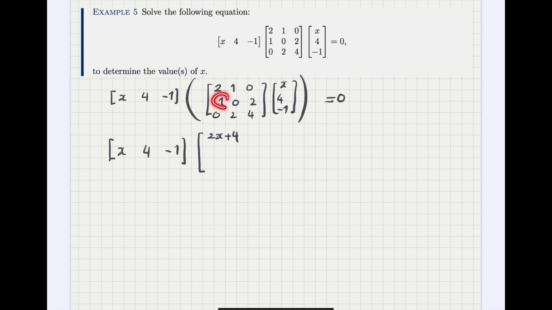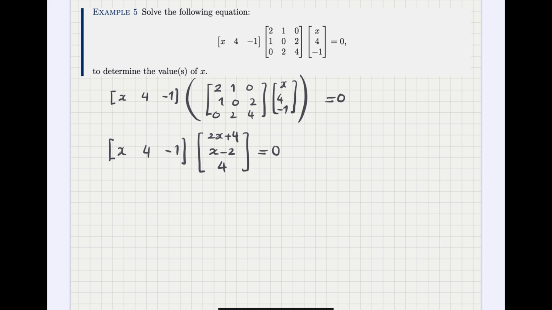Okay, I will take this one, multiply it by that, it gives me x, multiply this by that, it gives me 0, multiply this by that, it gives me minus 2. If I add them, it becomes x minus 2. And then I multiply 0 by x, 0, 2 by 4, 8, 4 by minus 1, minus 4, so it gives me a 4. This is supposed to be equal to the 0 number.